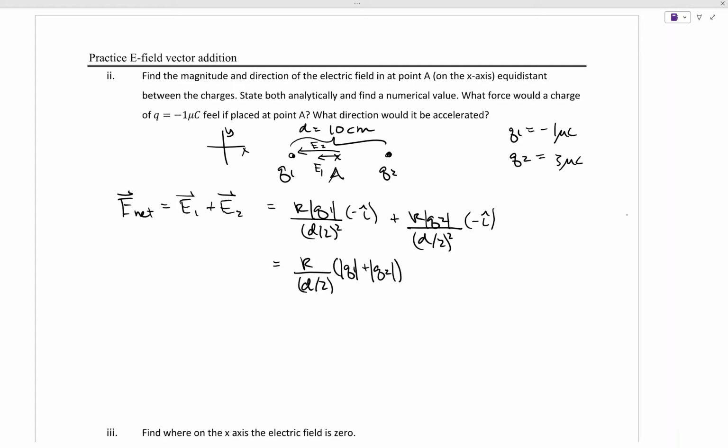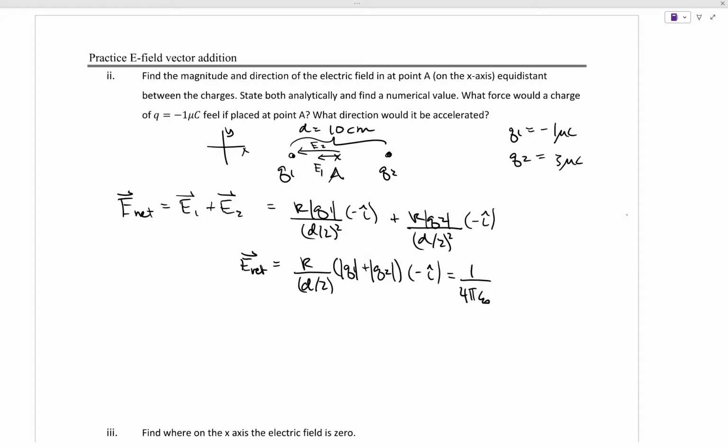So I'll just write it like this to make it very clear that we've already counted that. And this is all pointing in the negative i hat direction. And so this would be an expression for the net electric field. And then we could actually compute a value for this as well.